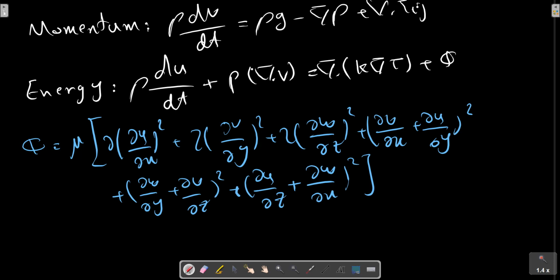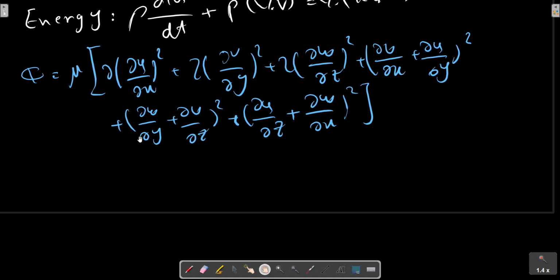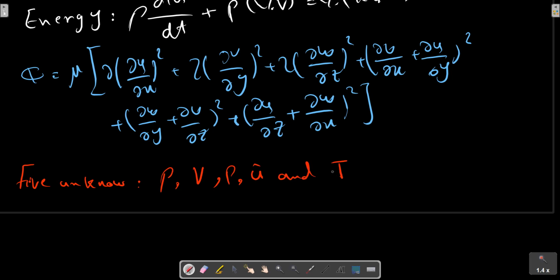In general, the density is variable, so these three equations contain 5 unknowns, which are rho, v, p, internal energy, and T, temperature.